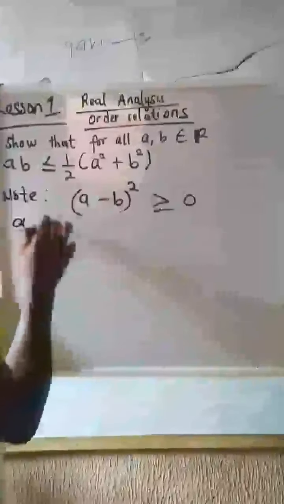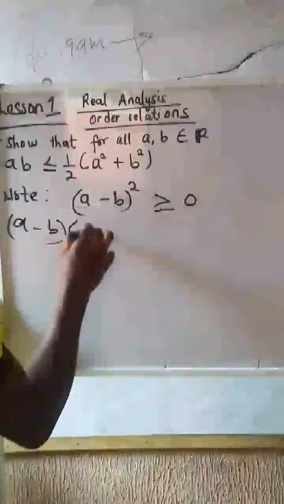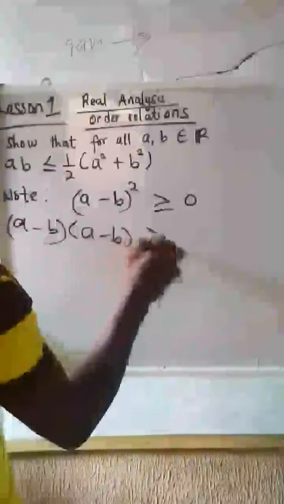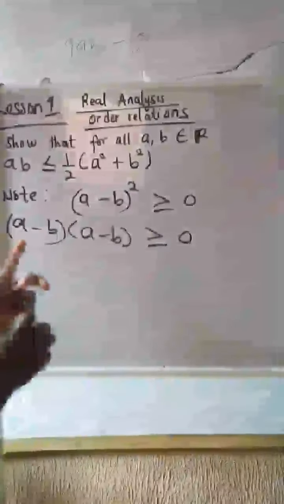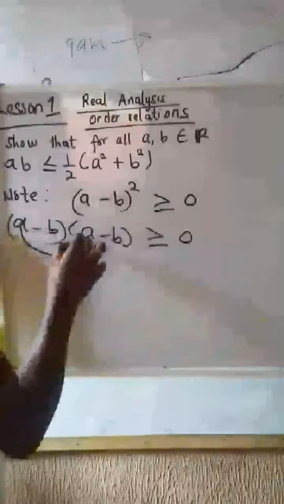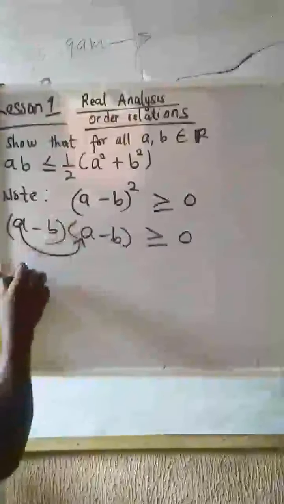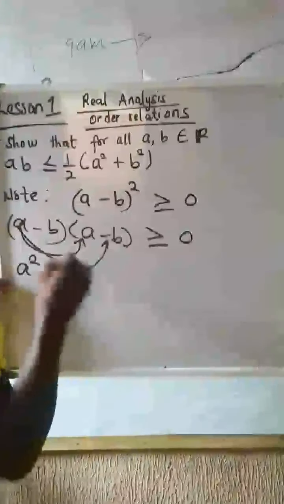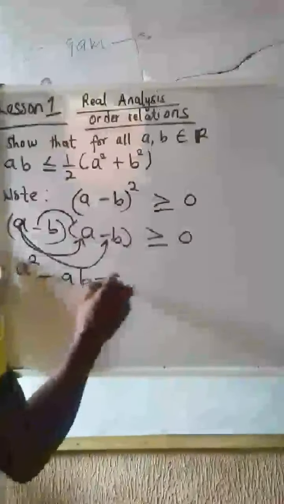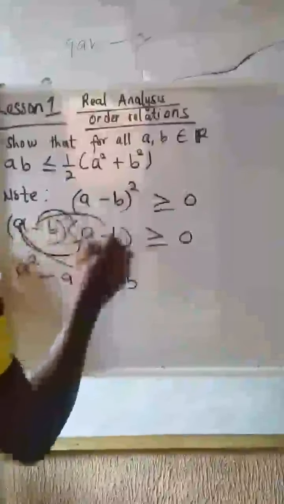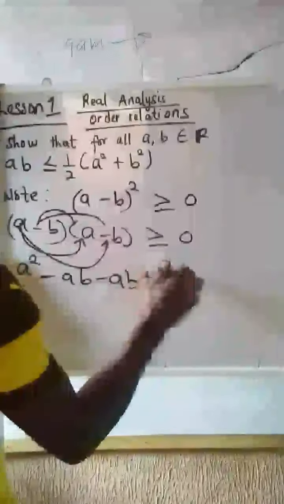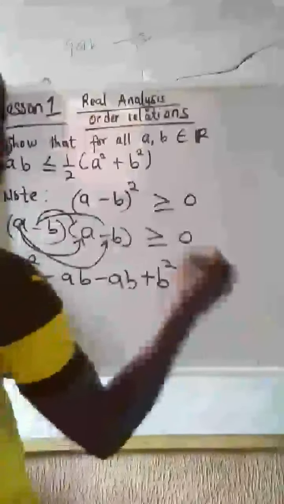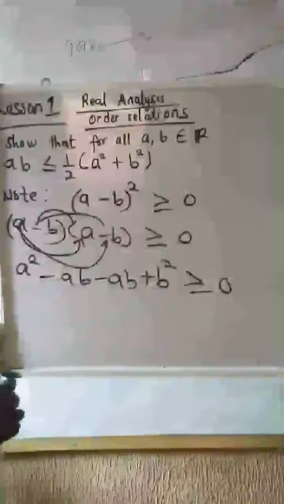So now by expansion, we are going to expand (a minus b) squared greater than or equal to 0. When we expand, we have a squared, a times minus b, minus ab, minus b times a, minus ab, minus b times minus b, plus b squared, is greater than or equal to 0.